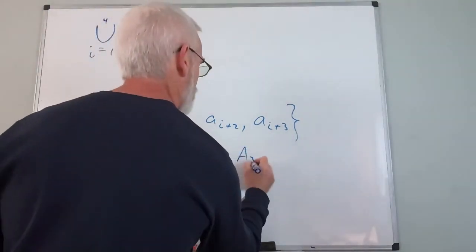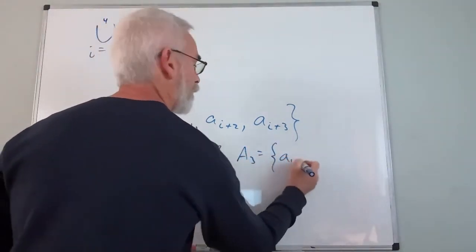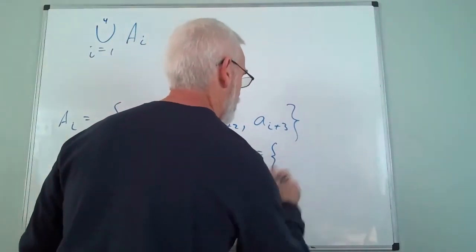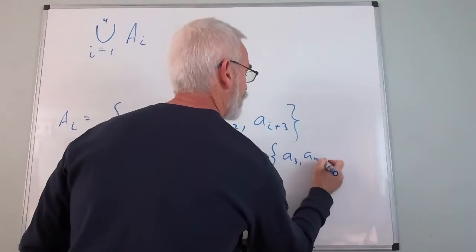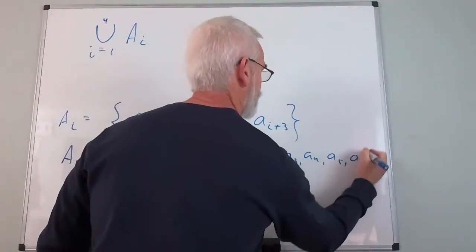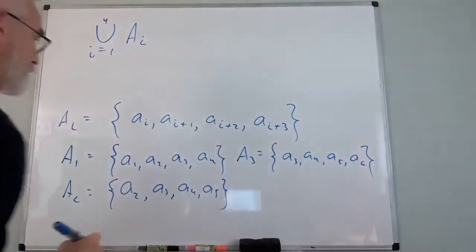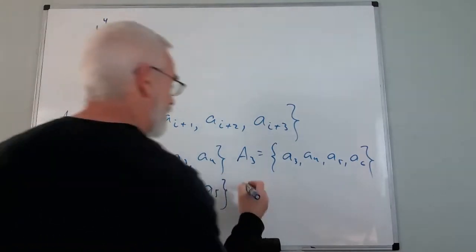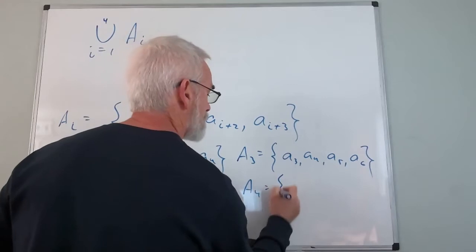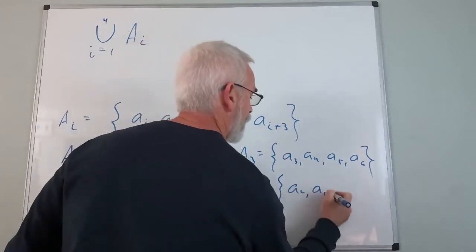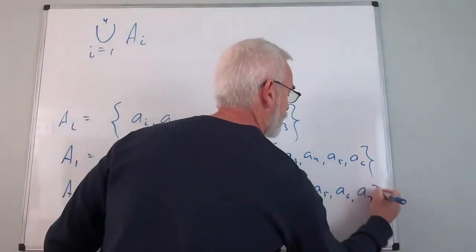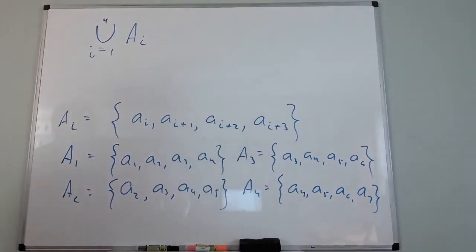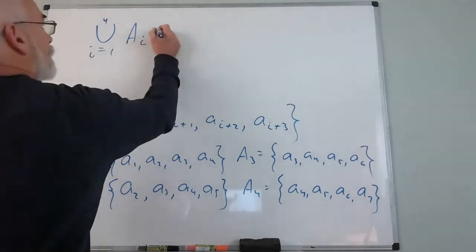So let me write A1, A2, excuse me, A3, A4, A5, A6. Okay, again, it's going to match. And then A4, A5, A6, A7. So I want the union of all 4 of these sets.